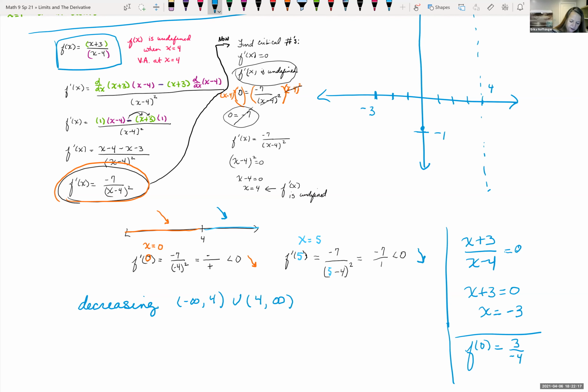So right here. We know it's decreasing everywhere. And it has to hug this vertical asymptote. We also should know from what we were talking about before, this has a horizontal asymptote at y equals 1.